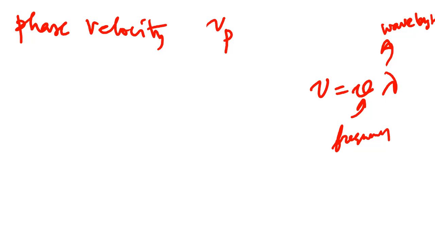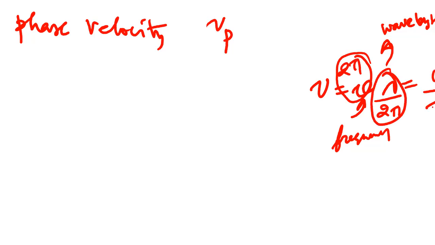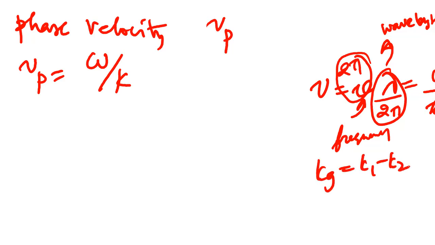You can multiply with 2 pi and divide with 2 pi, so it remains the same. 2 pi times nu is omega, and lambda by 2 pi is 1 over k. So the phase velocity is given by omega over k. Whereas for the group velocity, recall that we got kg by subtracting, k1 minus k2 by 2, and omega g as omega 1 minus omega 2 by 2.